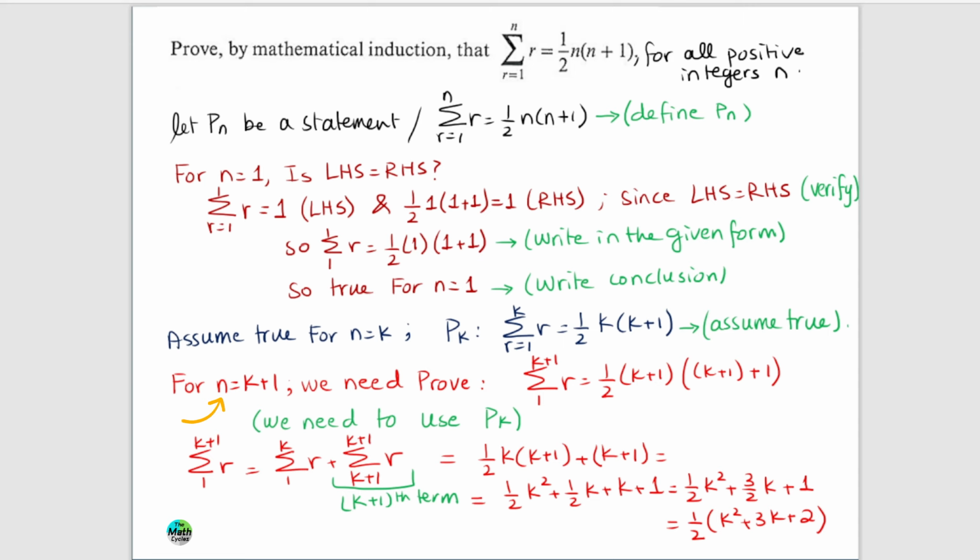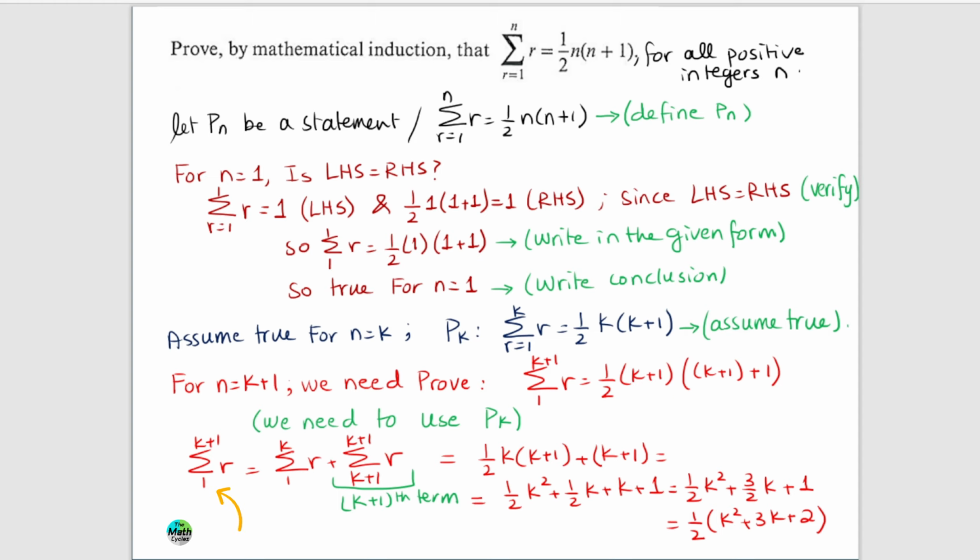Now for the third step, it's the inductive step. Here I want to prove that the summation of r from 1 up to k plus 1 is equal to half into k plus 1 into k plus 1 plus 1. And this statement is similar to the given statement. Instead of n, I replace it by k plus 1.